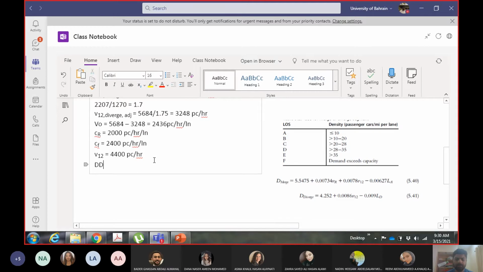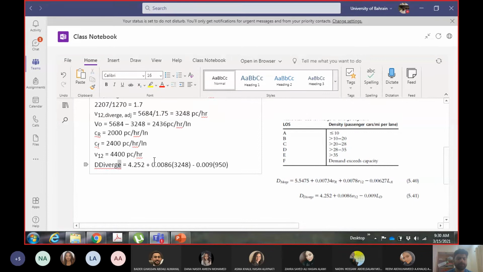So D diverge is 4.252 plus 0.0086 V12, which is 3248, minus 0.009 LD, 950.